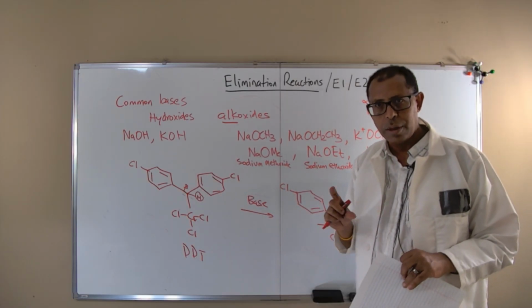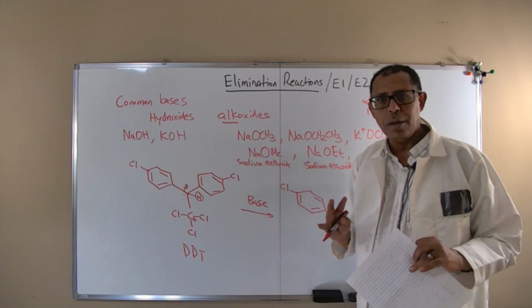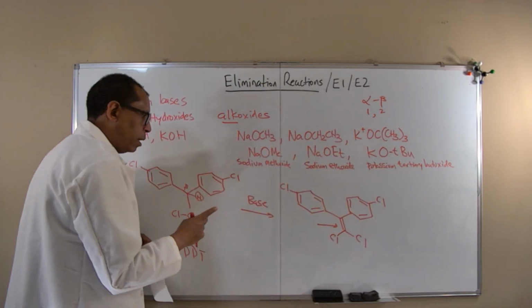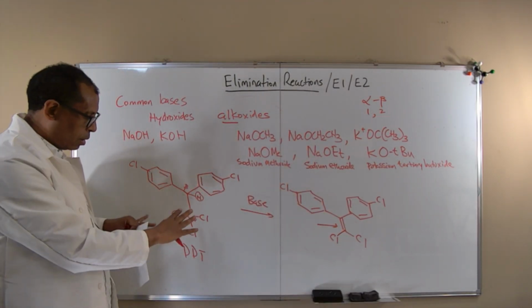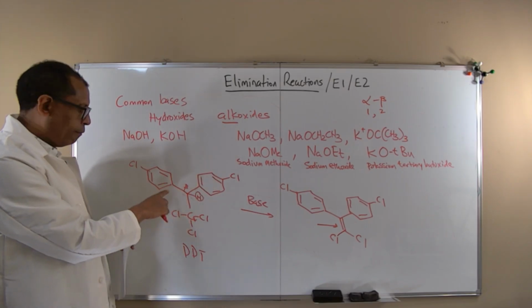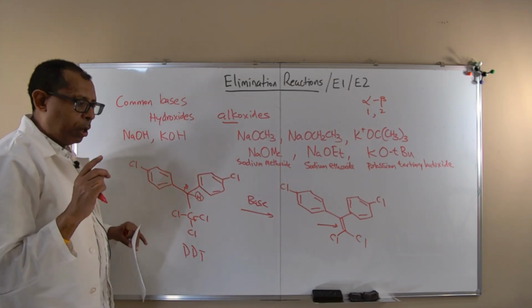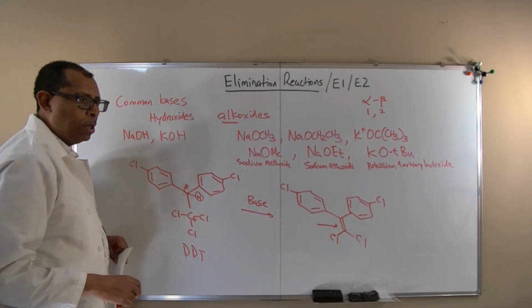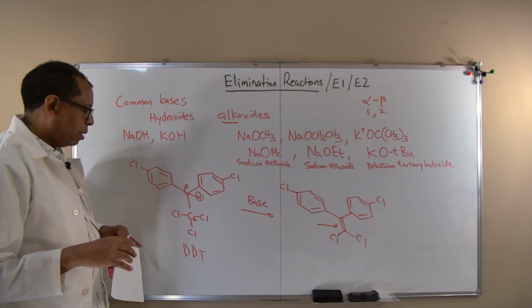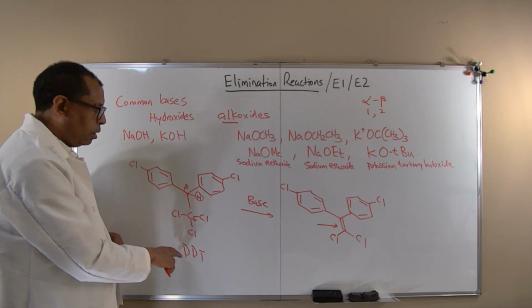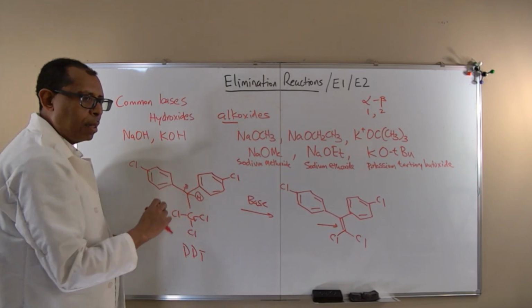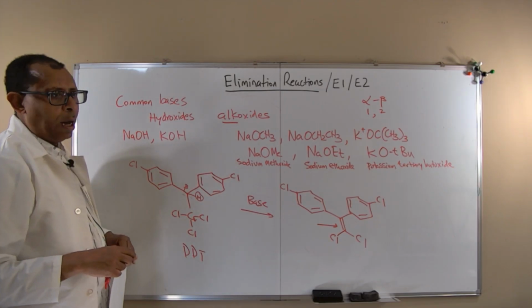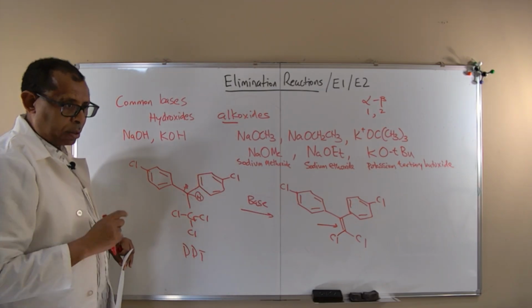So make sure that you survey the compound and see what the potential hydrogens are that can be lost during the elimination reaction. So this is a simple reaction where you have only one beta hydrogen on a beta carbon, because this is an alpha carbon containing the halide. So this DDT is converted by base. Any one of these strong bases would give you an elimination product, just one product.